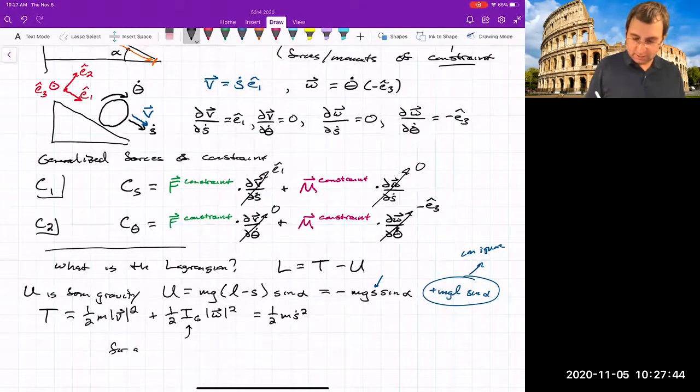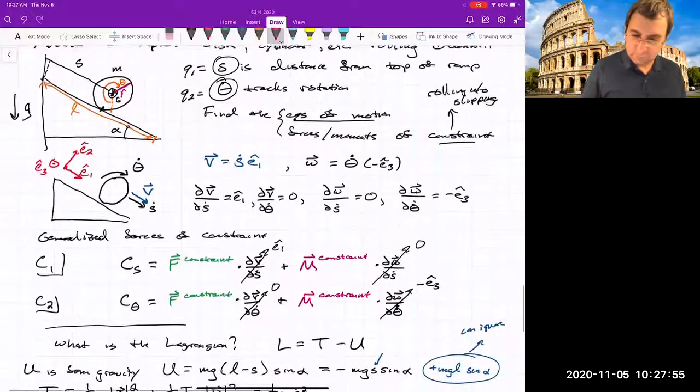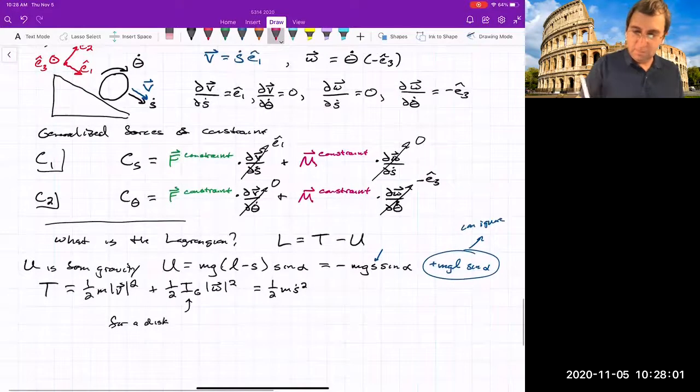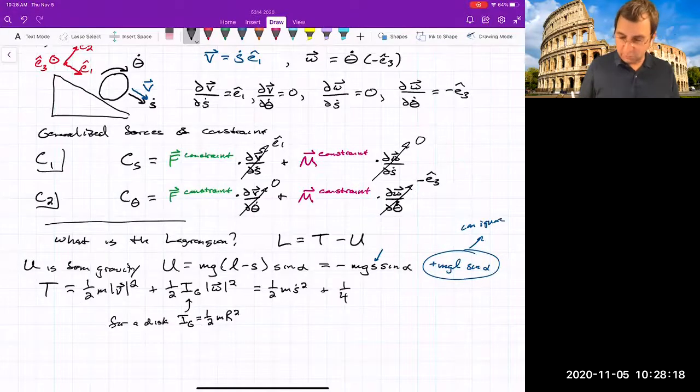About that axis, IG is 1/2 m R squared. So we get over here 1/4 m R squared theta dot squared. That's the kinetic energy.